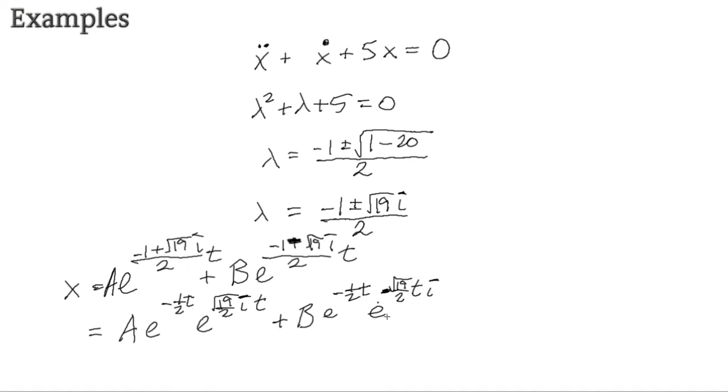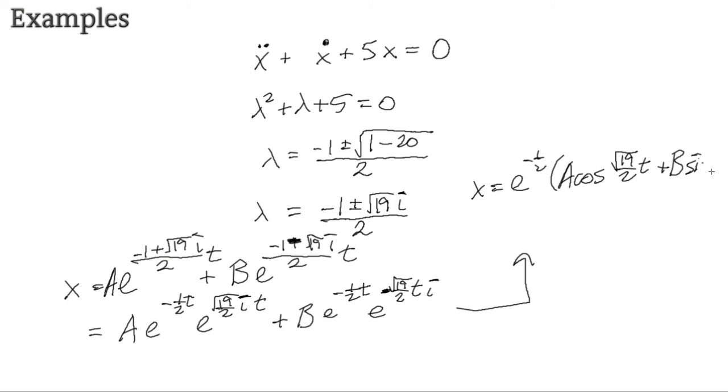It turns out that we can write this whole thing, after a lot of algebra which I'm not going to demonstrate, as e to the minus a half t, A cos root 19 on 2 t, plus B sine root 19 on 2 t.